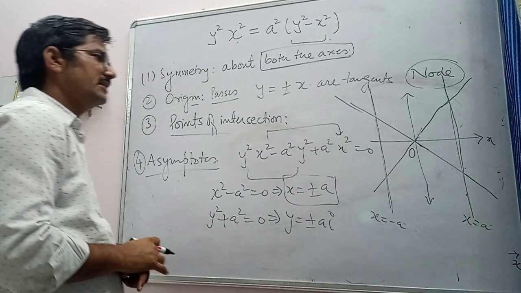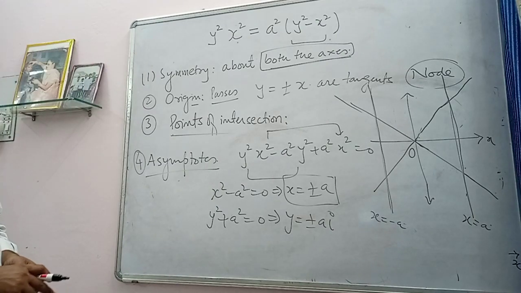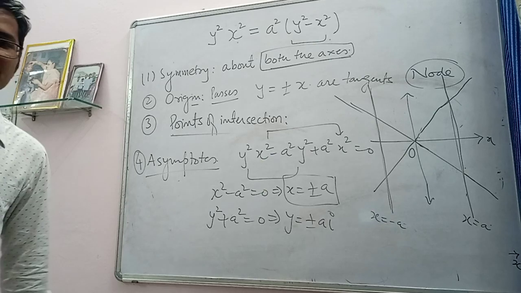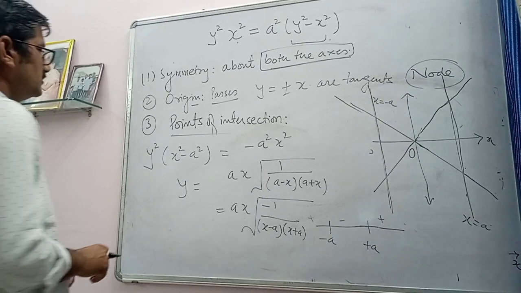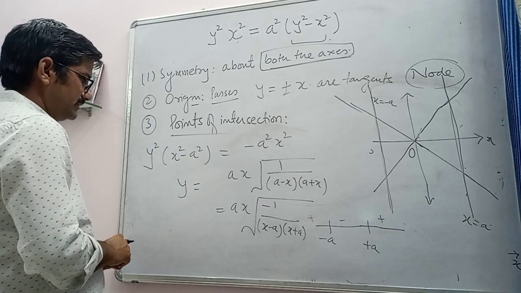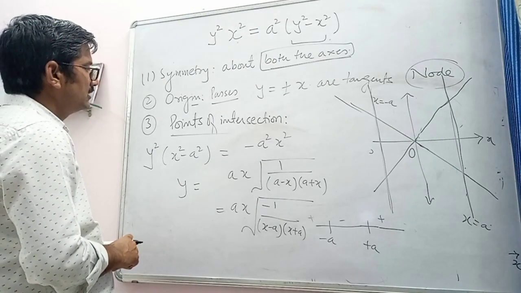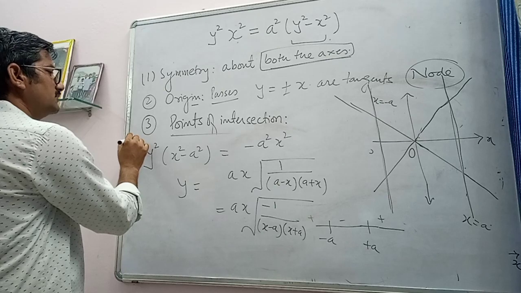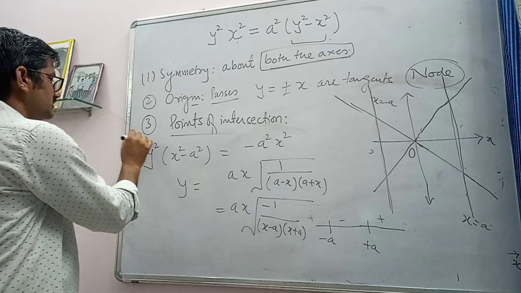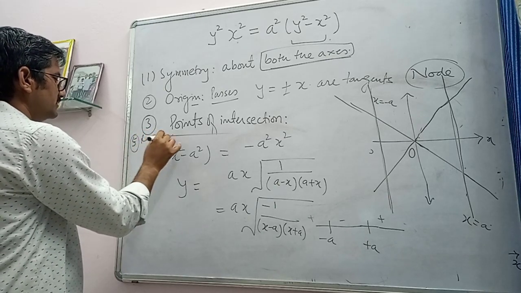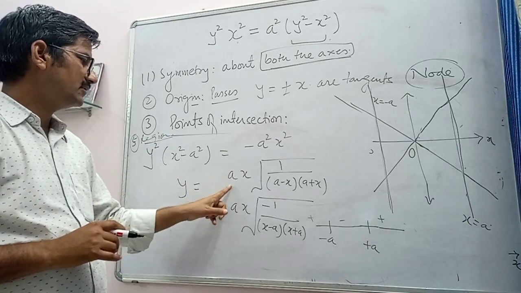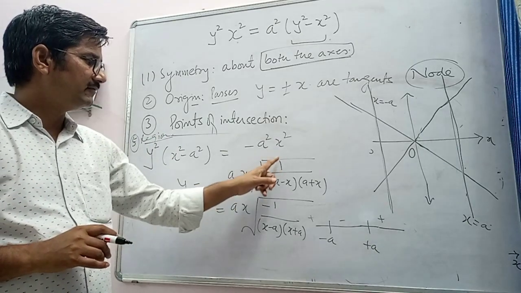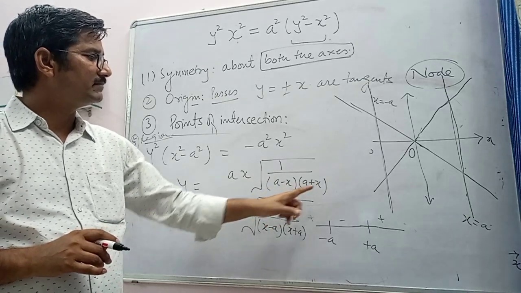Okay, we have to trace the curve. So let us solve the curve either for x or for y, to decide in which portion the curve will lie. So the fourth and fifth point is region. We have to decide the region. So let us solve the curve for y. Y is equal to ax upon square root of (a minus x) into (a plus x).